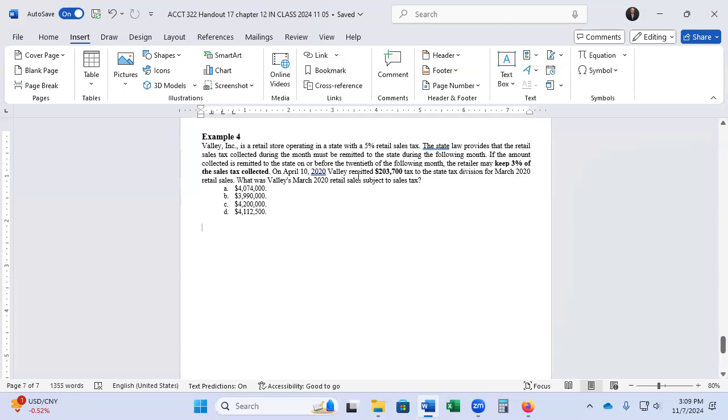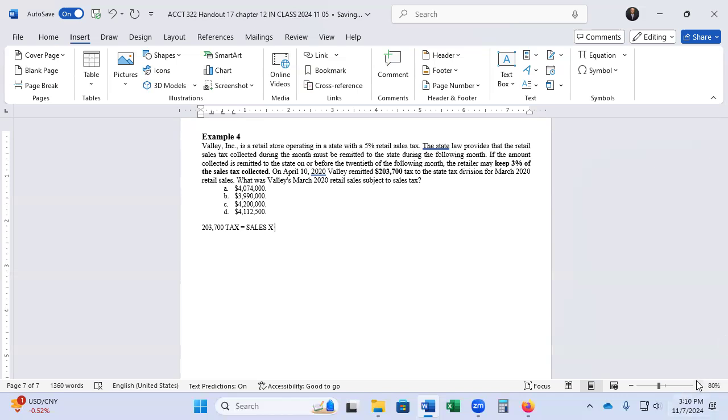On April 10, 2020, Valley remitted $203,700 tax to the state division for March of 2020 retail sales. What was March 2020 retail sales subject to sales tax? So here we have 203,700 is our sales tax.